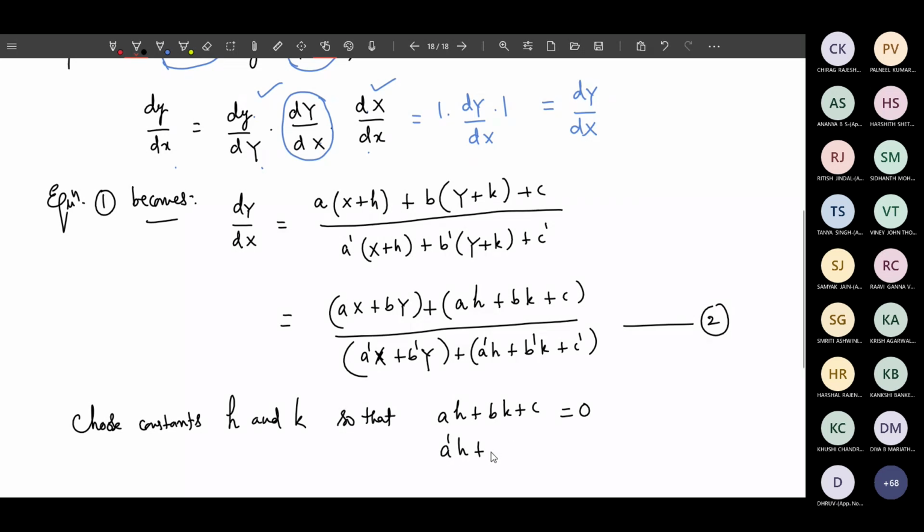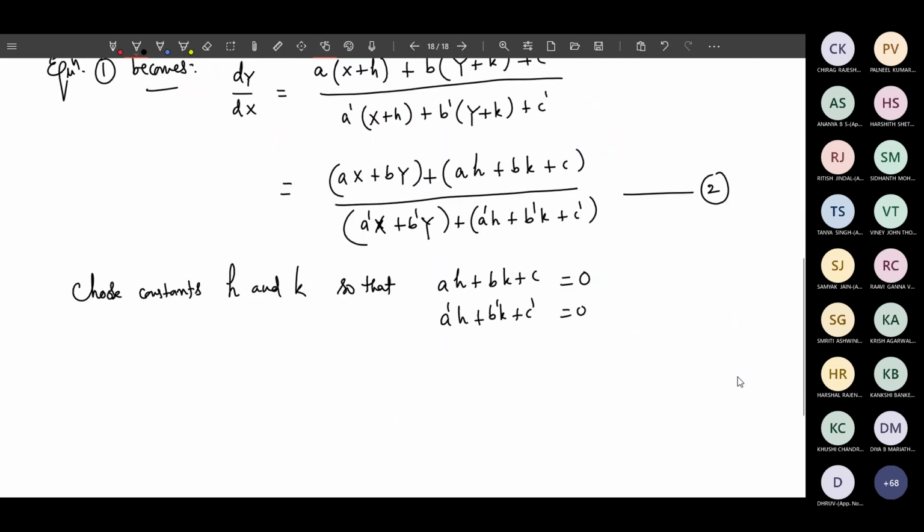These two are a homogeneous system because we are equating to 0, so that we can find out what h and k are. So solving for h and k using this technique.